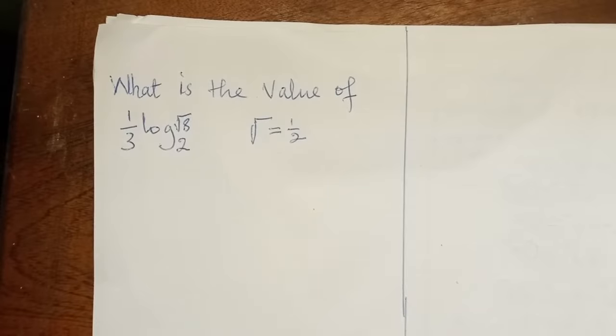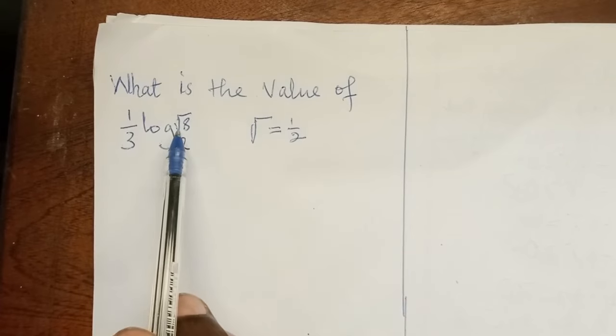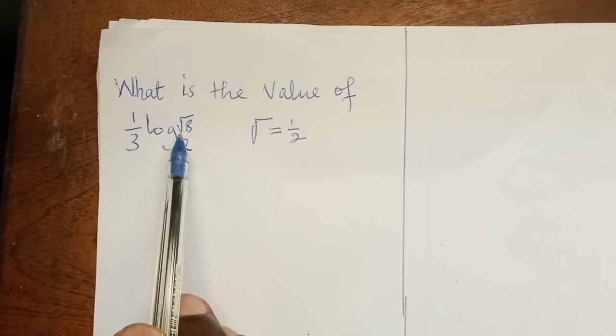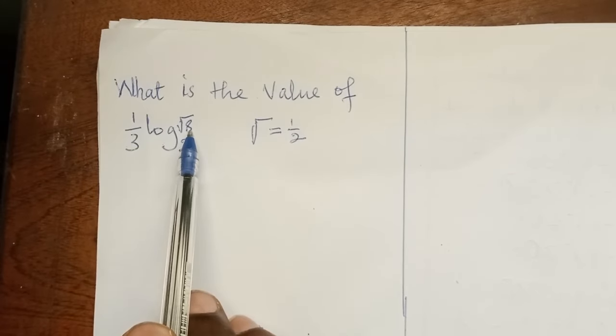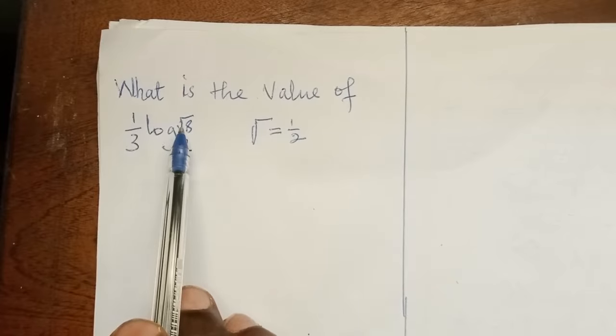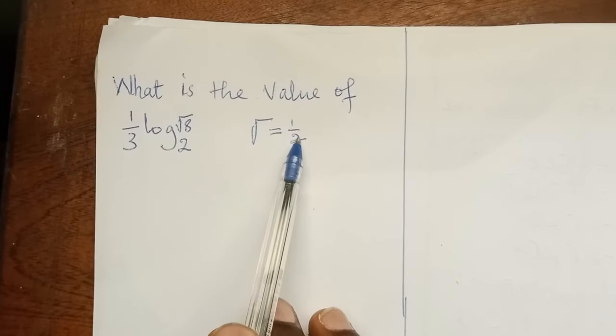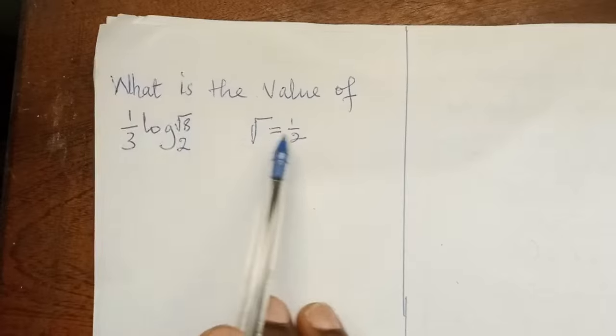So this root 8 is the same as 8 to the power half, because this sign simply means half. So 8 to the power half will be the same.